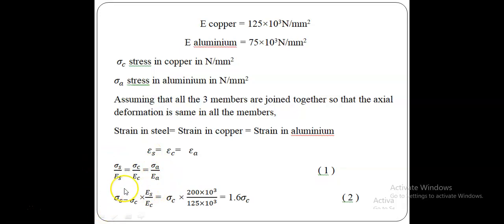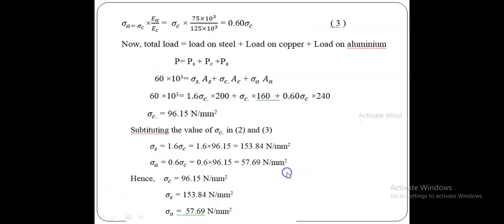Now sigma s can be written as sigma c into Es by Ec. Substituting Es by Ec, sigma s becomes 1.6 sigma c.